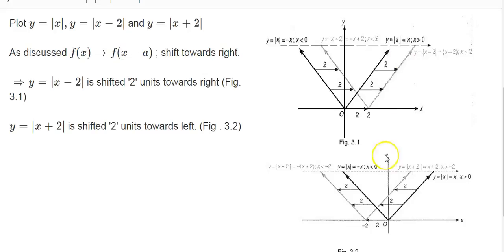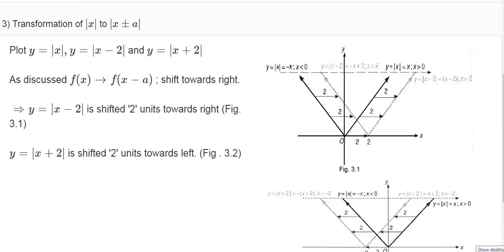This I would suggest is the better way to remember. Now as is clear from this graph, when y is equal to modulus of x is shifted to y is equal to modulus of x plus 2, it has moved to the left side. This is the new graph of y is equal to modulus of x plus 2.